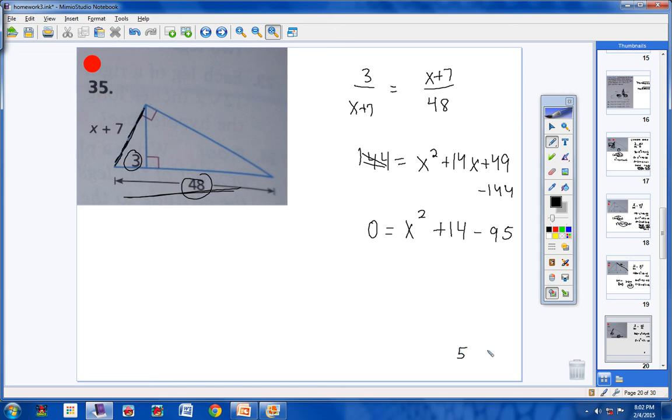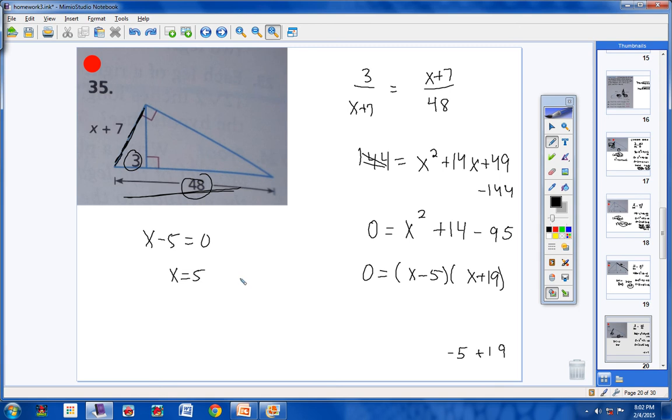So there we go. So, this will be negative and this will be positive. A negative 5 times a positive 19 is a negative 95. And if you add these two numbers together, you'll get a positive 14. So the factorization would be x minus 5 times x plus 19. Take your first group, set it equal to 0 and solve, and you'll get 5. That works just fine if you put a 5 right here. 5 plus 7 is 12, so the whole length is 12, okay?